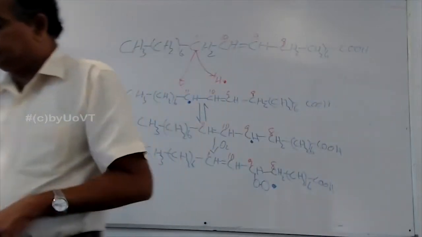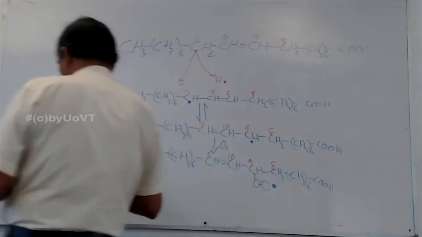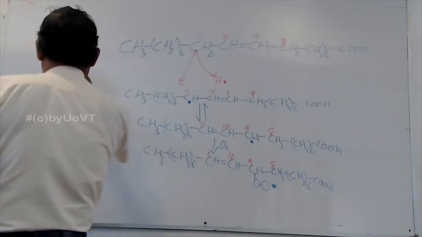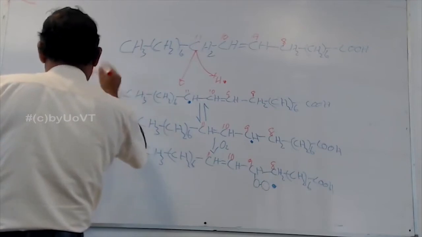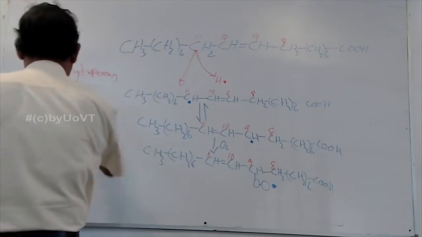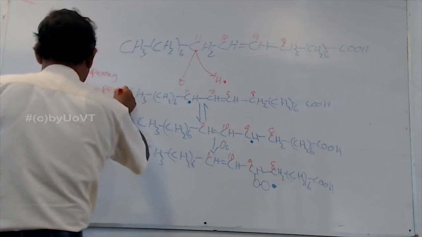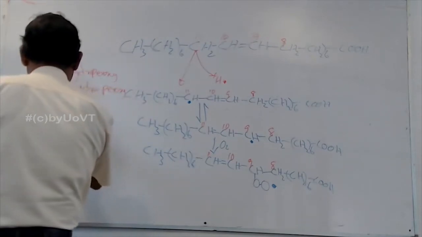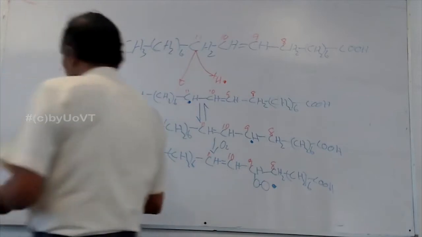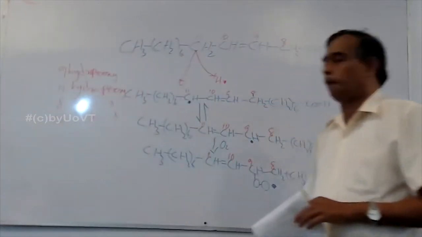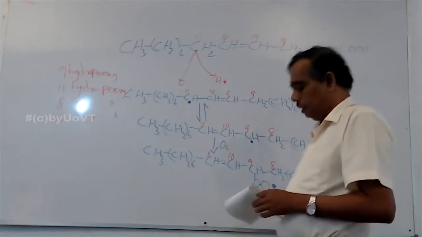Due to one double bond, it can form 9 hydroperoxide, 11 hydroperoxide, 8 hydroperoxide, and 10 hydroperoxide. 4 types of combinations can be there.